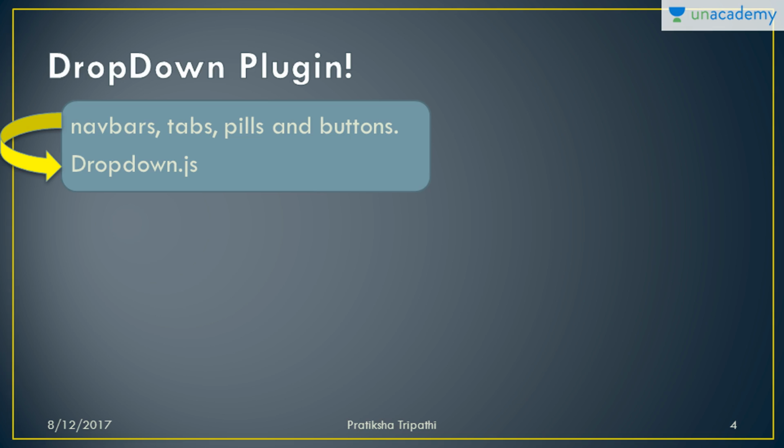No. If you are dropping down a list, then you have to select also. As I explained, if you are going from one page to another, you have to use transition.js. In the same way, if you have a dropdown, then you have to use dropdown.js. Navigation bars, tabs, pills and buttons all use dropdowns. These are the usages of dropdowns that work with dropdown.js, or we say dropdown plugins.